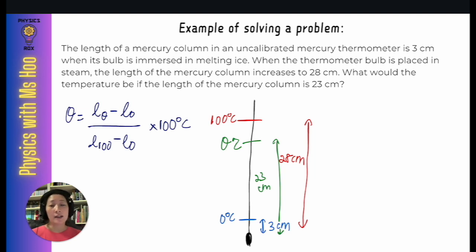This visual enables us to see very quickly what all these values are. L theta is the length at theta degrees Celsius. So that's 23. I'm going to substitute that straight away. L0 is the length at 0 degrees Celsius. So that's 3. L100 is the length at 100 degrees Celsius. So that's 28. And L0 again is 3.